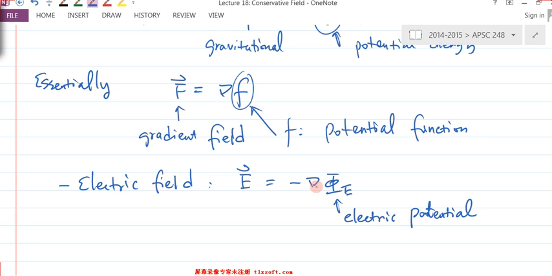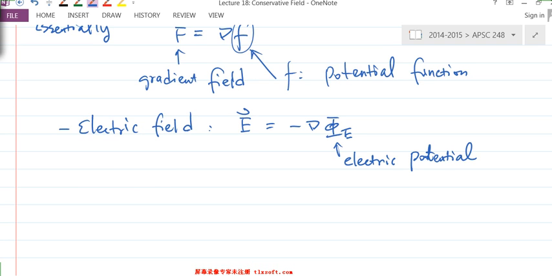So you apply the gradient operation to the electric potential, and you get this E, this electric field. I have an example in the lecture notes. I probably won't go over it now, but you can try this.